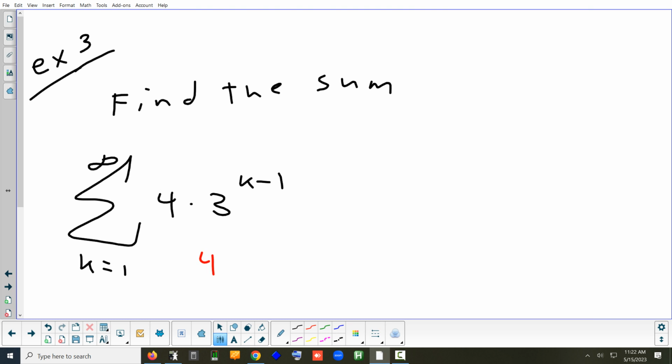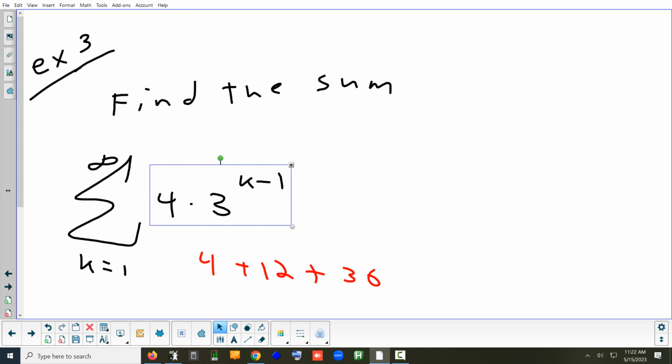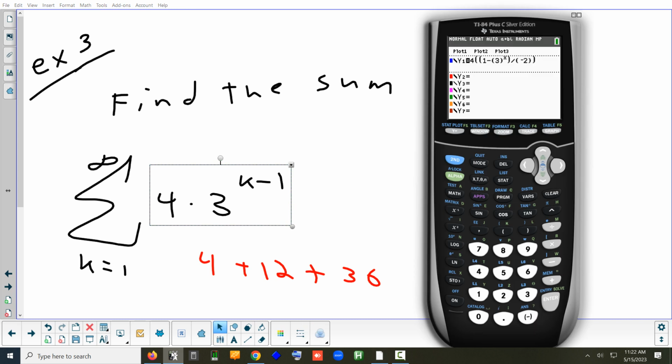That's the next one, because now plug in a 2. 2 minus 1 is 1. 3 to the 1 is 3. And 3 times 4 is 12. So what happens is you're multiplying by 3 each time. Right? We can check our table and see what happens if we add up the first 1 terms. We get 4. What if we add up the first 2? What should I get?